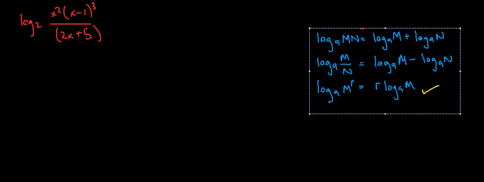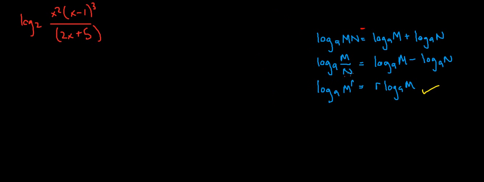Alright, well that's much better. So the first thing I'm going to want to do is use this property right here. I could say that this is equal to m and this is equal to n, and I can write this as two different logs subtracting each other.